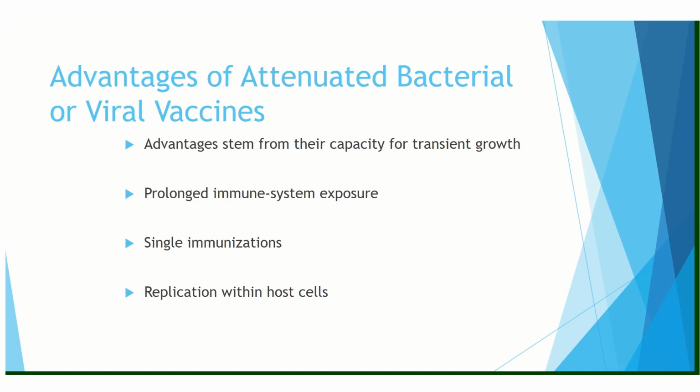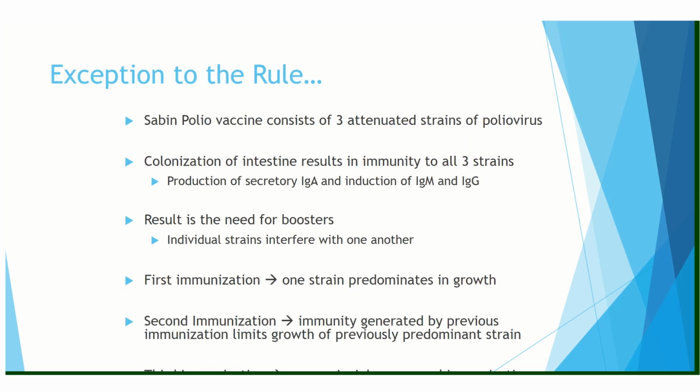The advantage of the attenuated vaccine stems from the capacity for transient growth, prolonged immune system exposure, a single immunization, and replication within host cells. That's one of the advantages of the attenuated vaccine.